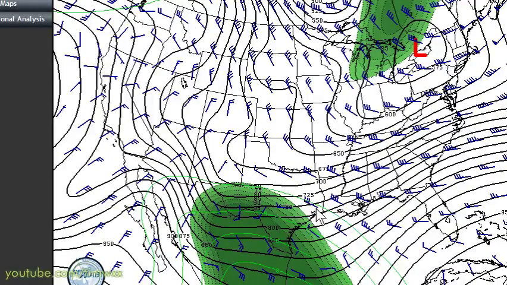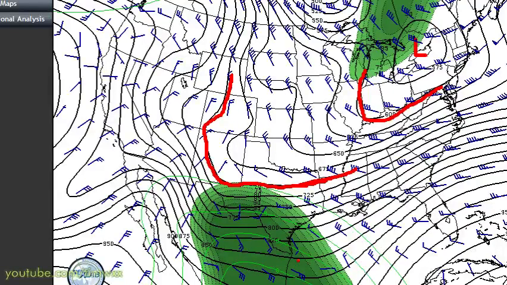And the way we read this is these black lines, these are the height in millibars. So 700 millibar level, that's going to be about 10,000 feet. So as long as you're close to that line, you're going to be at about 10,000 feet. And then here is 600 millibars. This is up at about 14,000 feet.